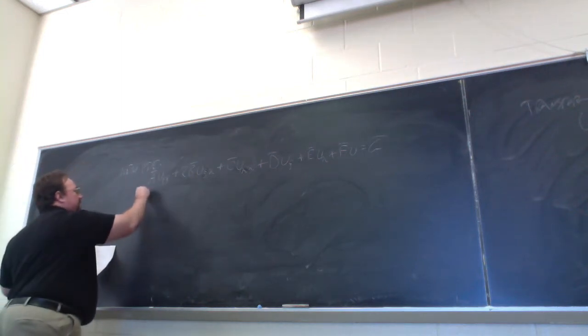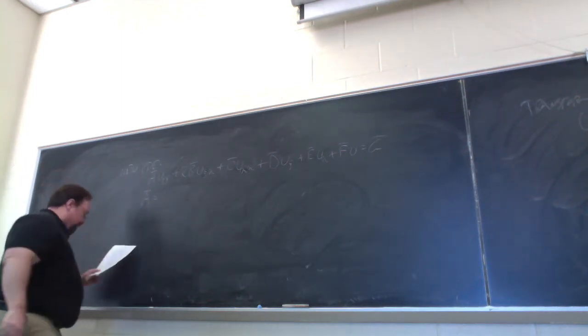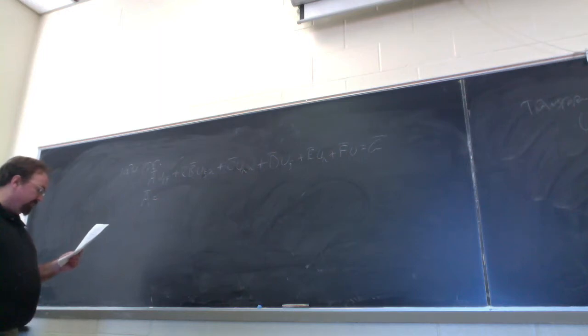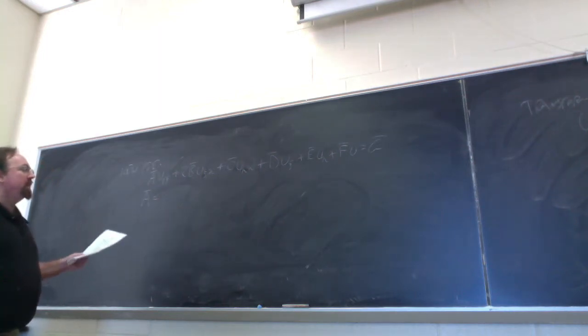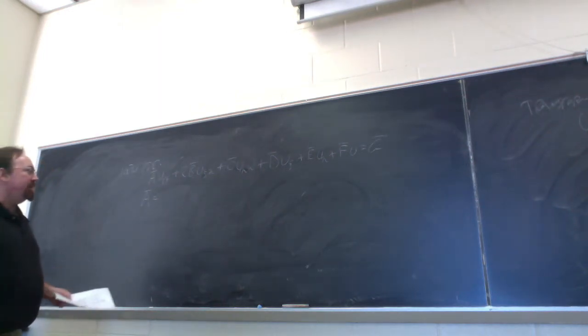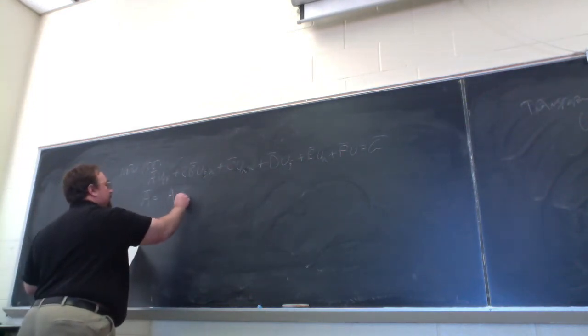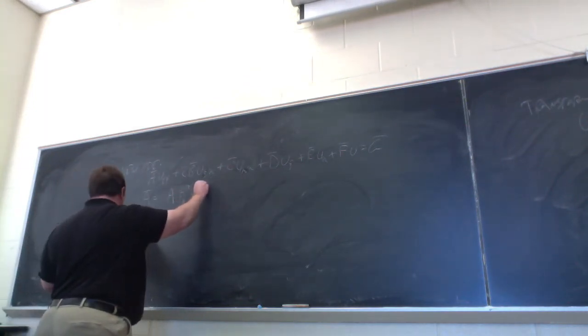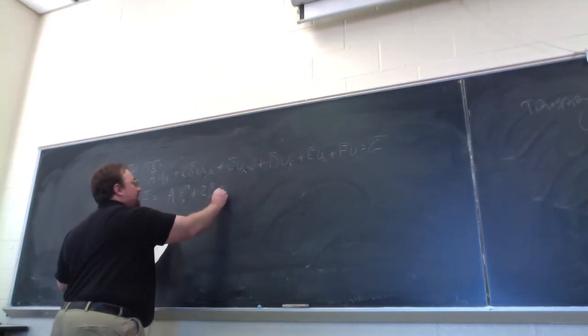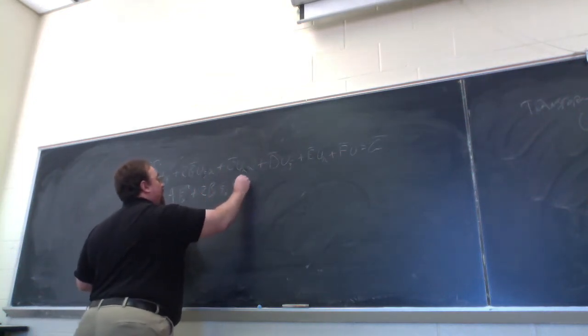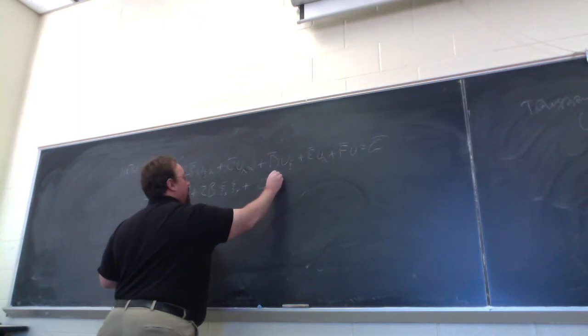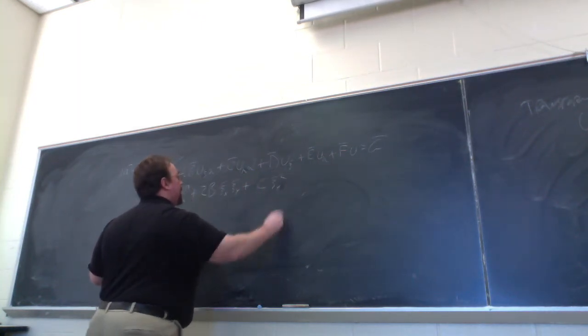Now, what are the new coefficients in terms of the old? For instance, A bar, B bar, C bar can be expressed in terms of the original A, B, and C. So we have A ξx squared plus 2B ξx ξy plus C ξy squared.